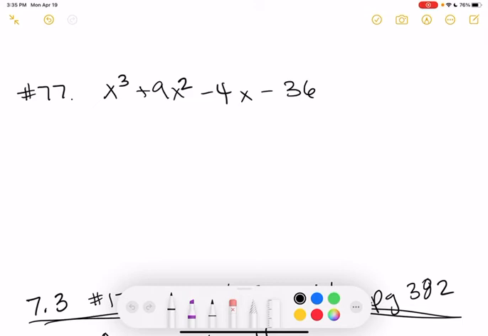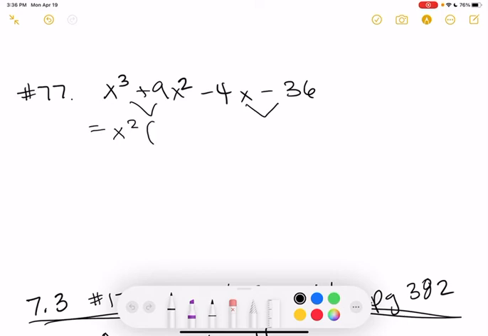Okay, number 77 in section 7.2. We do not have a common factor. We have 4 terms, so we're going to have to do some grouping. I'm not sure if this way will work out. If it doesn't, we'll do some flipping around. So let's do the first 2 and the second 2. I'm seeing an x squared.